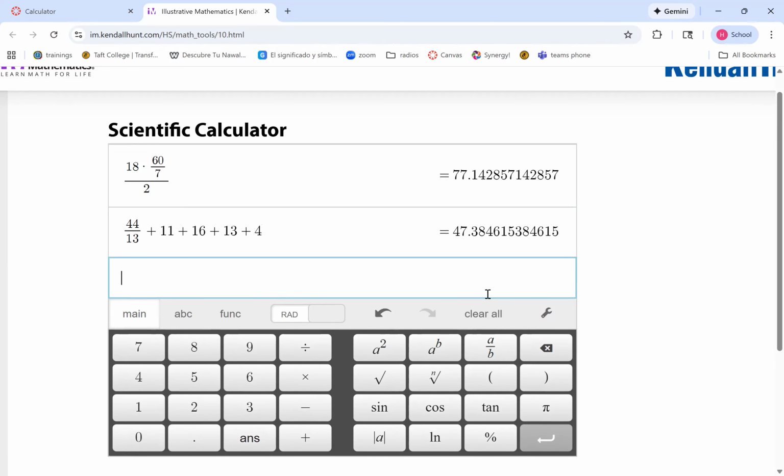I'm going to round it to 2 decimal places. So 47.384, I'm going to call it 47.38. It's about 47.38.